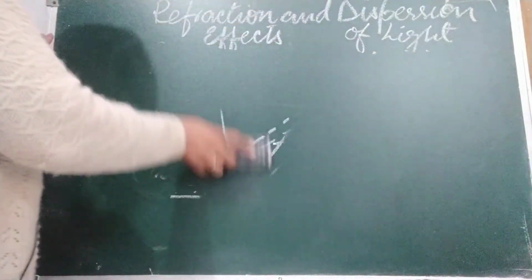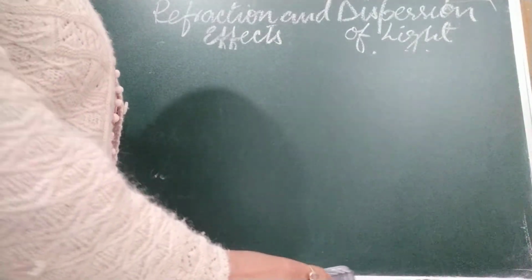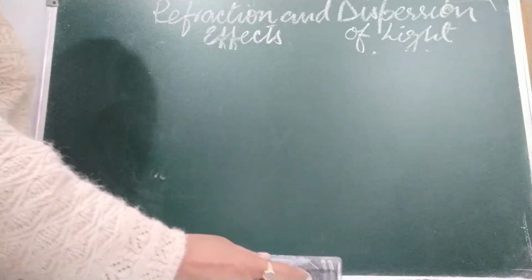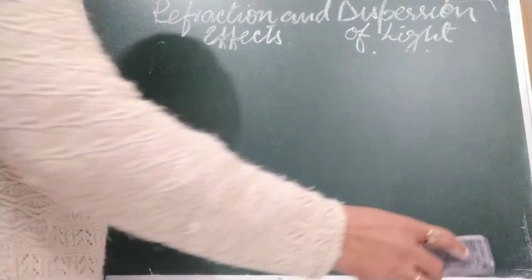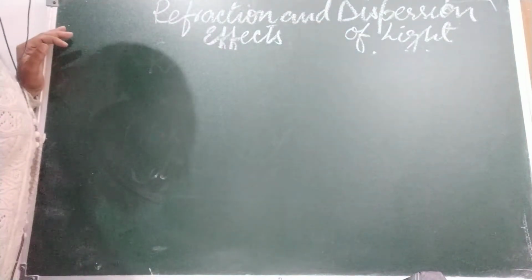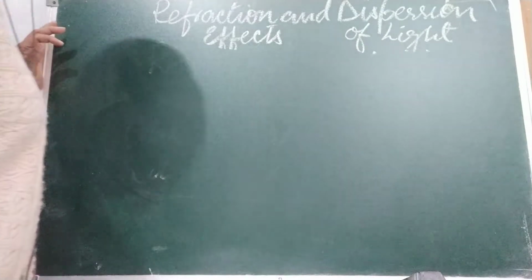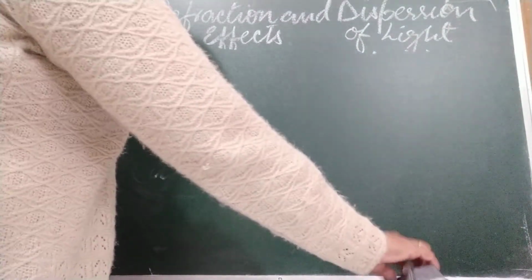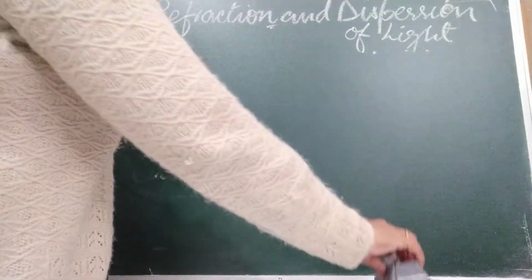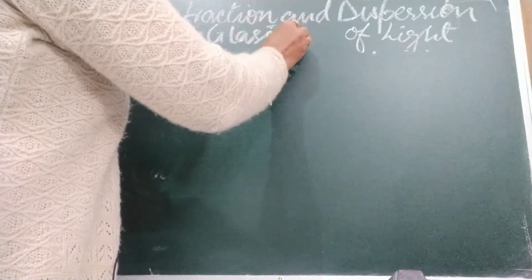The same thing happens when we keep a pencil obliquely in water, the apparent bending of a pencil, like you did in class. Okay. Now second, I am going to tell you refraction by a glass slab.